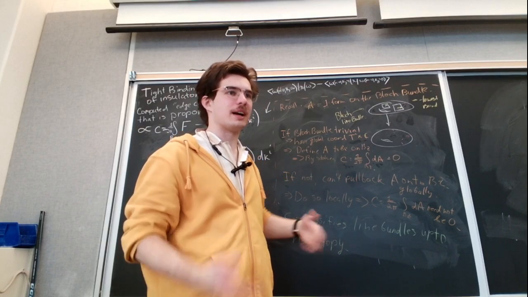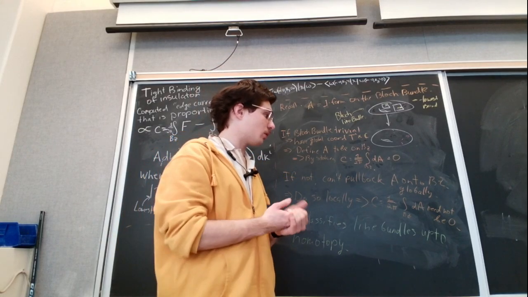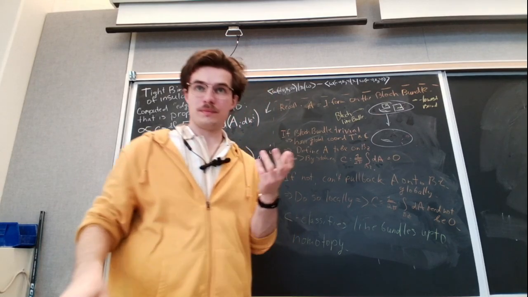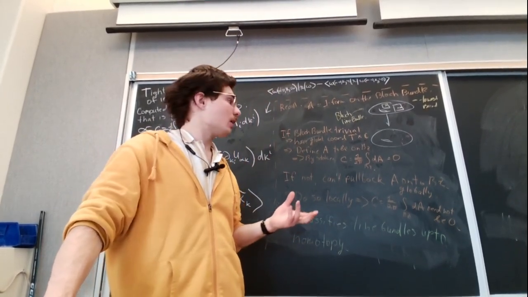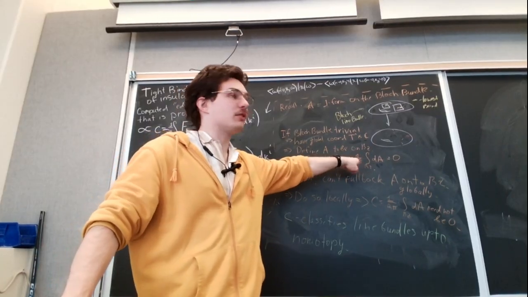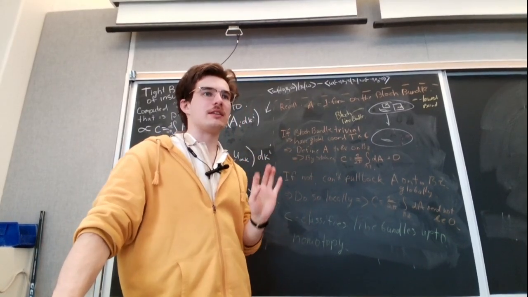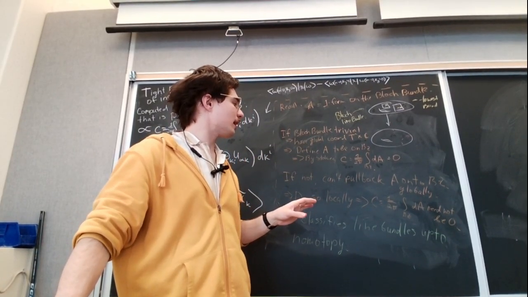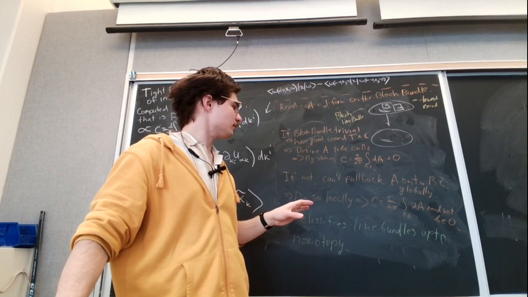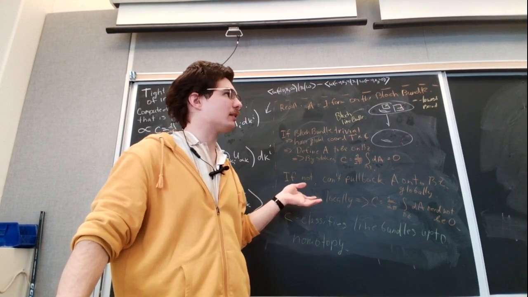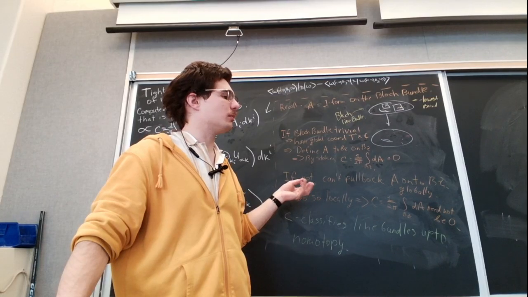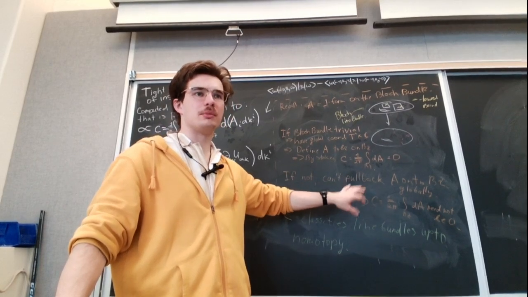So we'll try and come up with some tight binding model where this Chern number is indeed non-zero, but we're not going to actually compute anything.